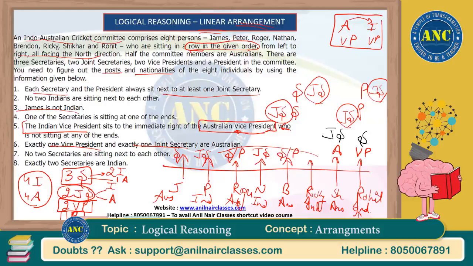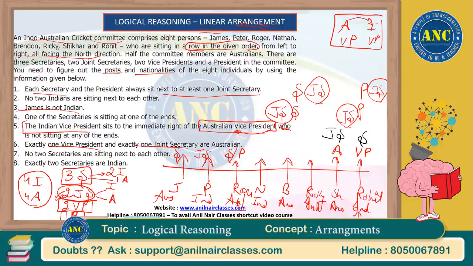So in this way we'll get three secretaries, we'll get... no, this won't be possible. This guy would be a secretary or a president because we need to make the maximum utilization of the joint secretary because we have only two of them, right?